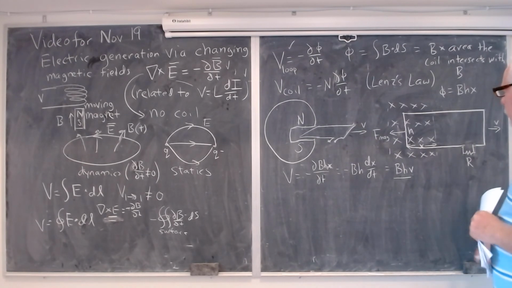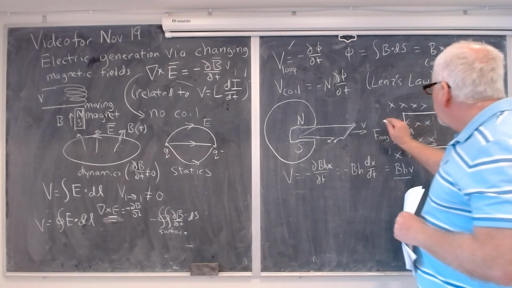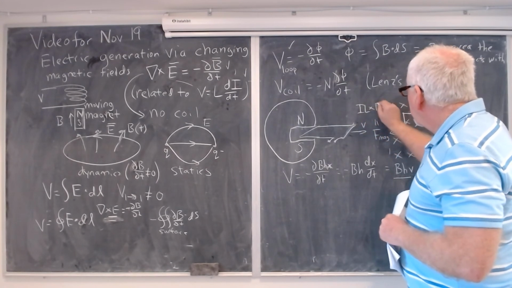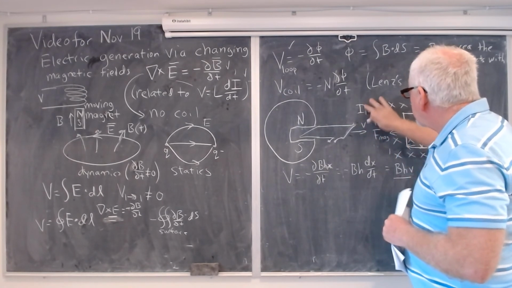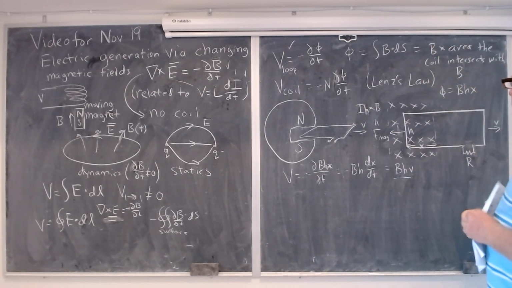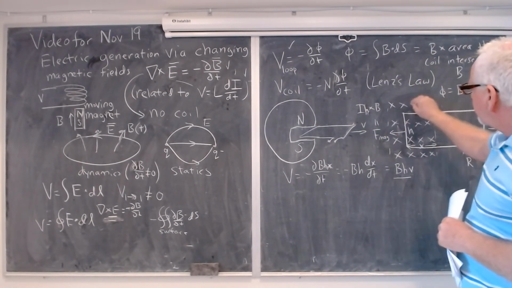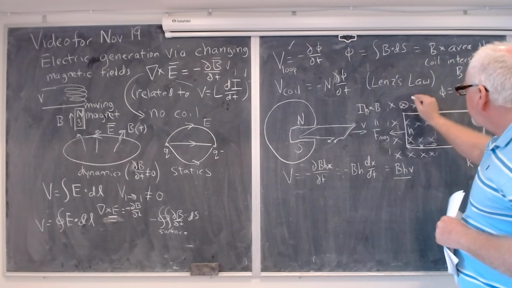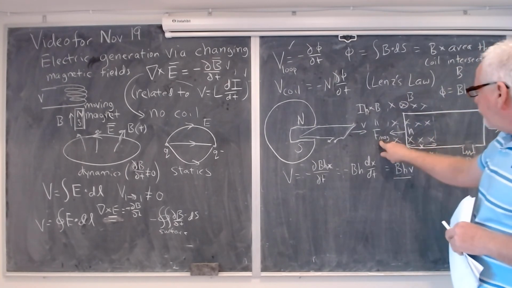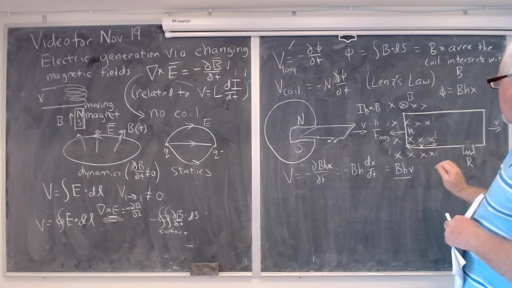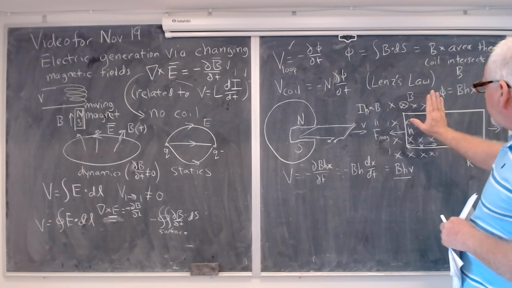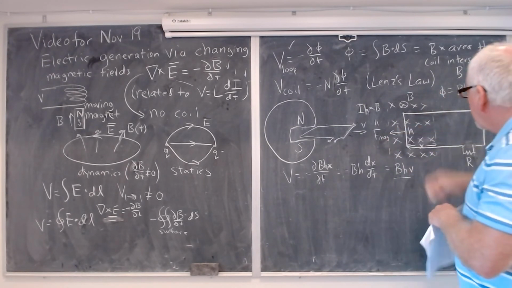Now remember, this is equal to IL cross B. So in this case, it's IH cross B, the cross product of I and B. B is pointing into the board. And so in order for the force to come in this direction, use your right-hand rule, I cross B means I is in that direction.